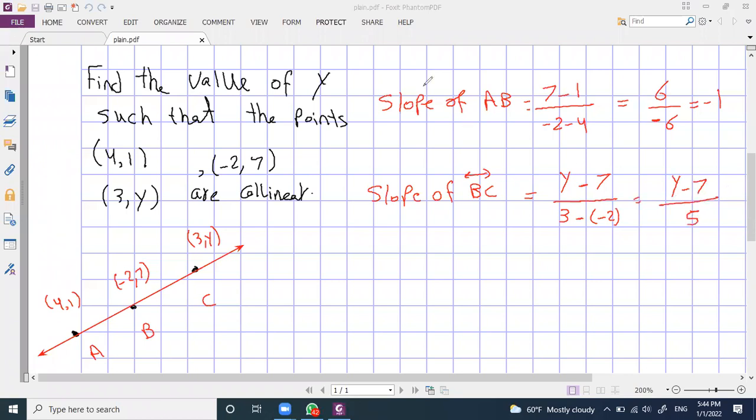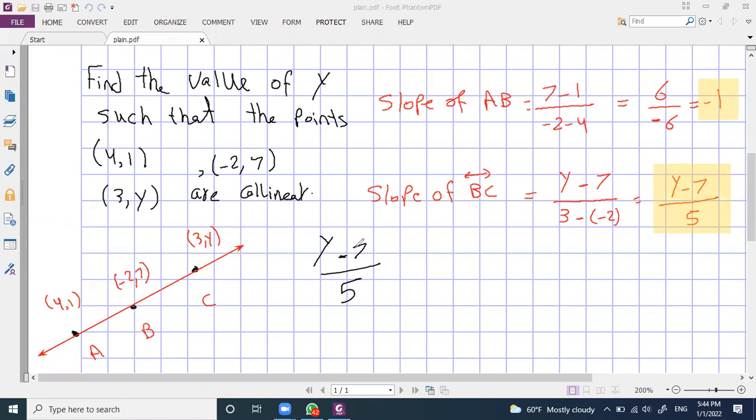And because they are collinear, the slope of AB is equal to the slope of BC. So we write y minus 7 over 5.